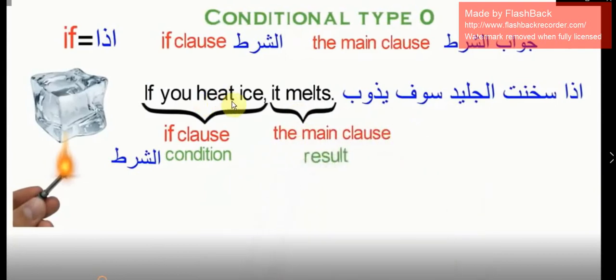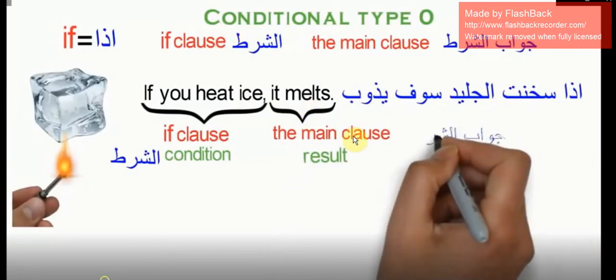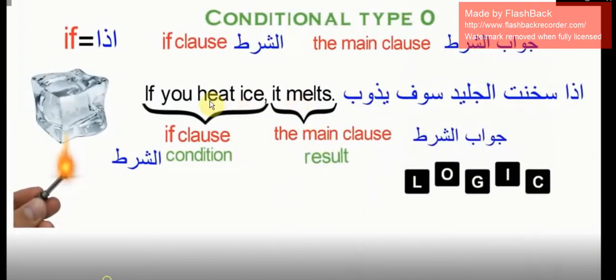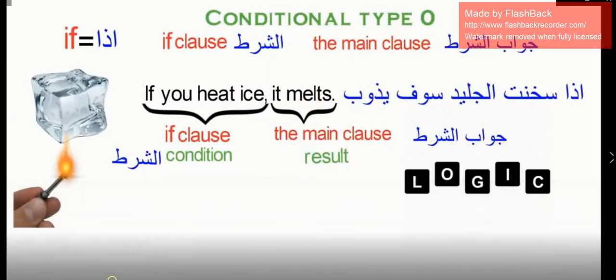If you heat ice, it melts. جواب الشرط على طول هنلاقيه موجود، بس نركز على الفعل. نشوف the tense، الزمن. Heat, present simple. Melts, present simple. This sentence is talking about logic, something like facts, scientific experiments.